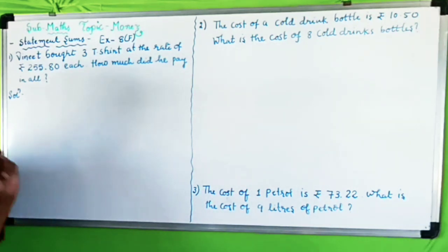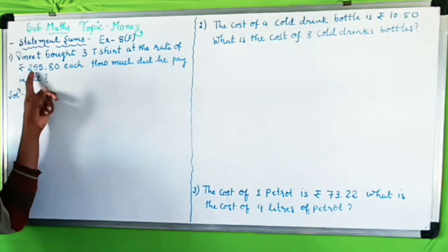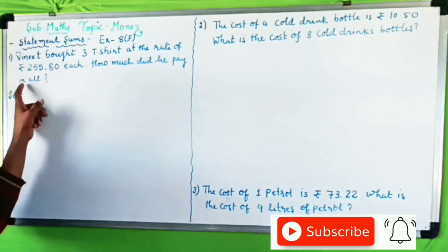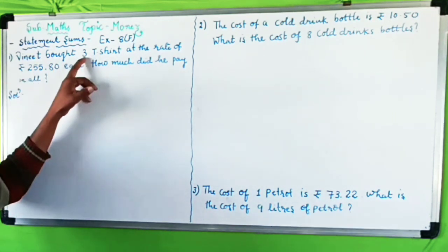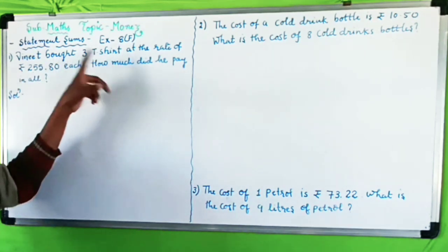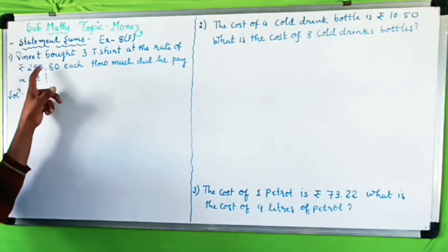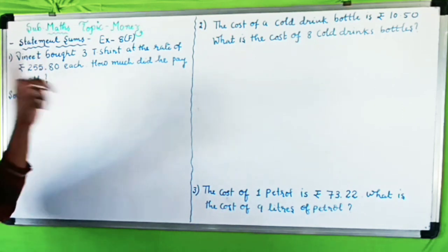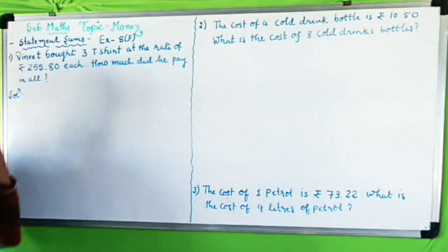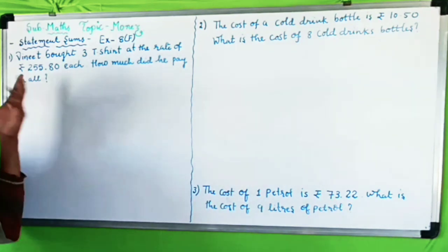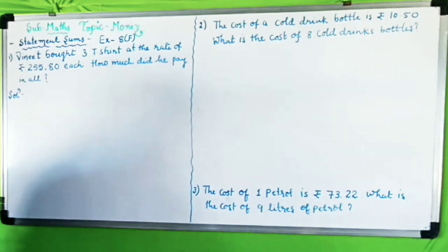The cost of 1 t-shirt is rupees 255 and 80 paise. Now, how much did he pay in all? He bought 3 t-shirts. 255.80 means 255 rupees and 80 paise for 1 t-shirt. We have to find out the cost of 3 t-shirts, means how much did he pay in all to the shopkeeper.